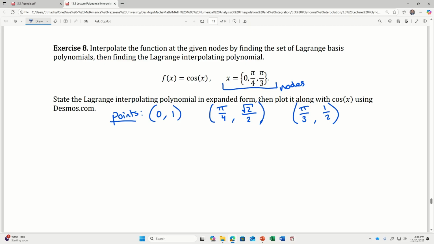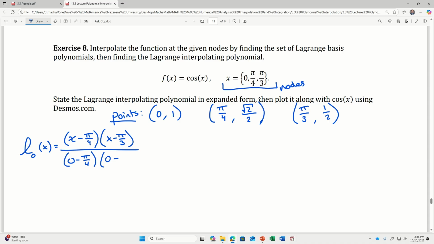So whenever I write my first Lagrange basis polynomial, L0 of x, it's going to look like x minus pi over 4 times x minus pi over 3 divided by 0 minus pi over 4 times 0 minus pi over 3.